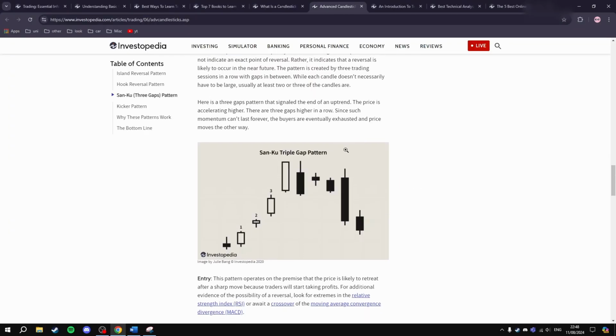The pattern is created by 3 trading sessions in a row with gaps in between.